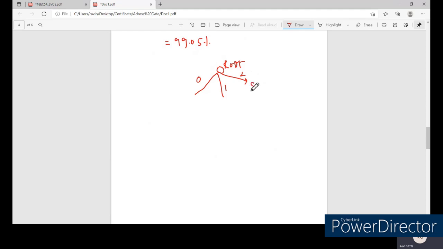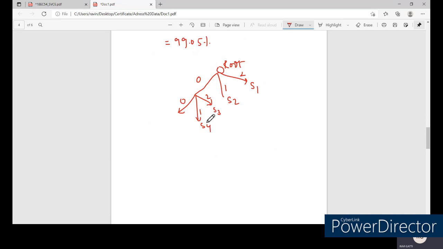If it is 2, you get S1, and if it is 1, you get S2. Next, I again do the division: this will be 2, this will be 1, and this will be 0. Next, 0 2 is S3, and 0 1 is S4.